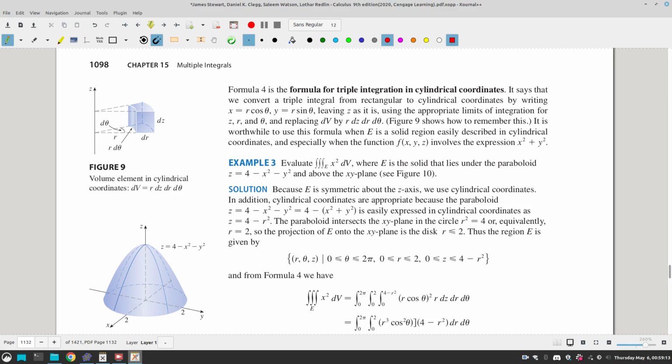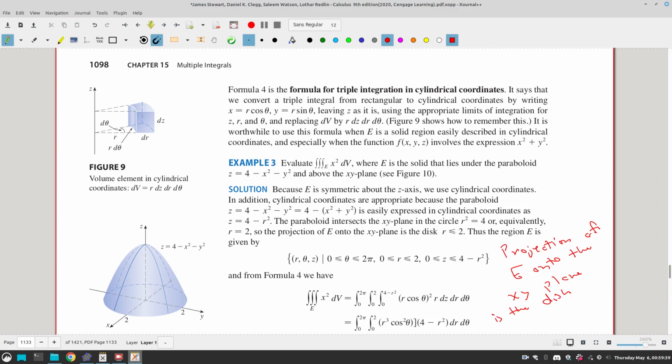The projection of E onto the xy plane is a disk.